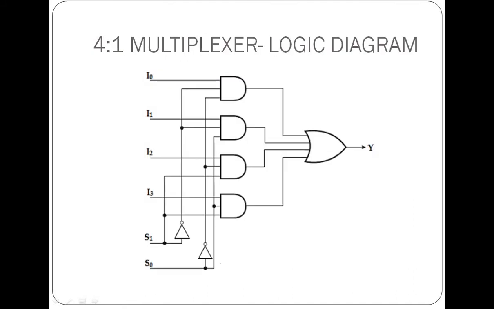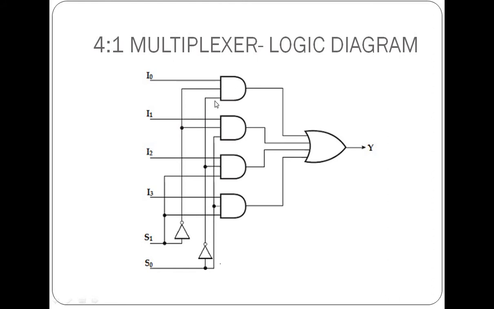When S1 and S0 are 0, the first AND gate corresponding to the input I0 will get enabled. So S1 is 0, S0 is 0. Here the NOT gate is connected to the first AND gate, so a 1 will be obtained, and S0 is 0 and it is inverted, so a 1 will reach the first AND gate.